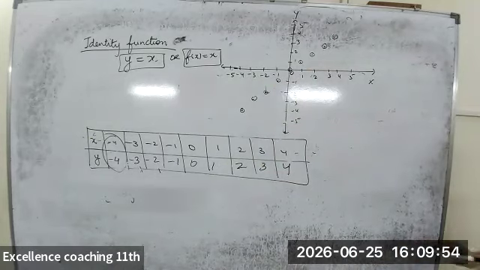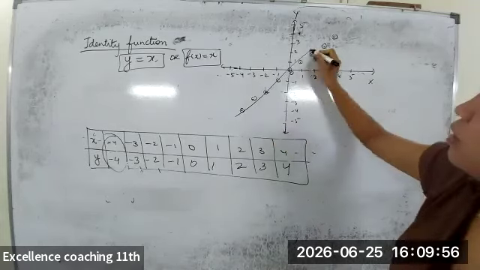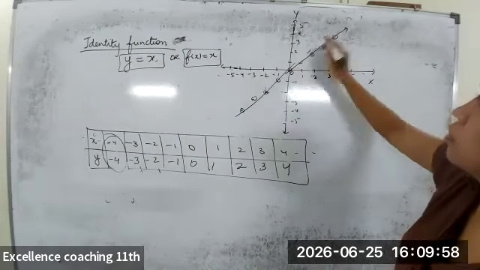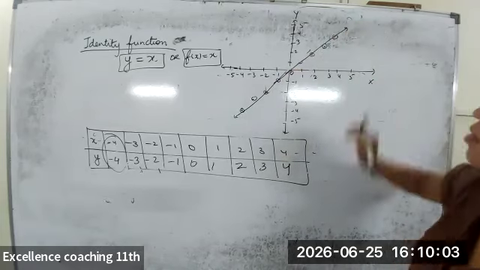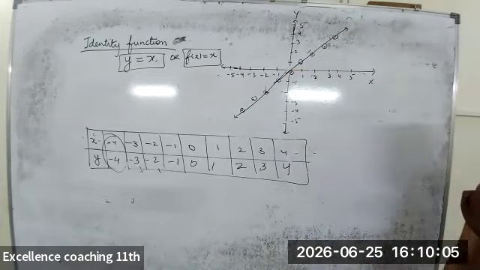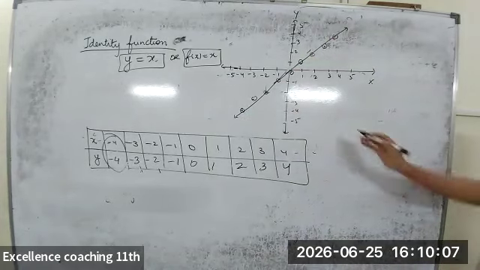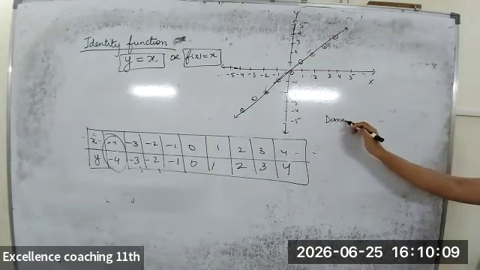So it's a straight line like this, passing through the origin. This is the graph. Now write the domain and the range.